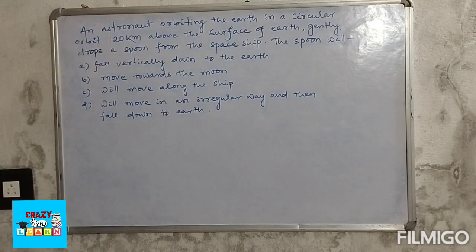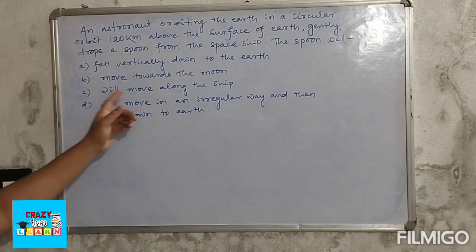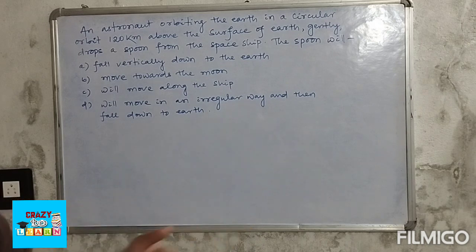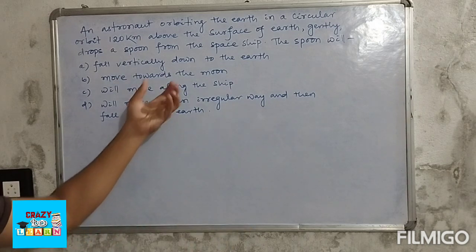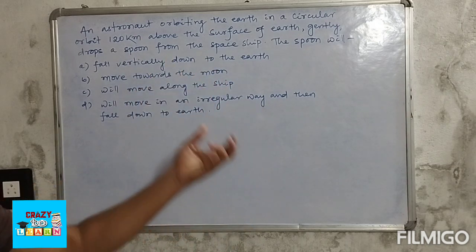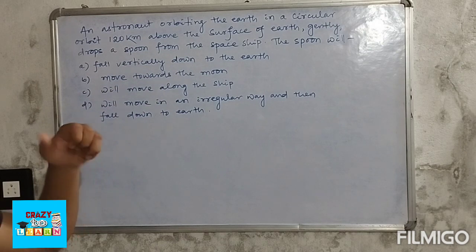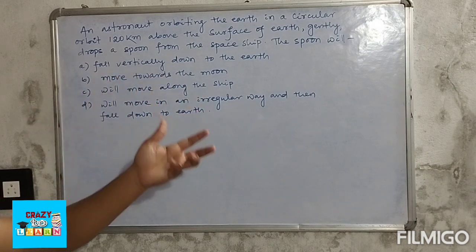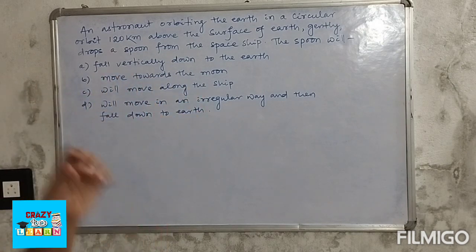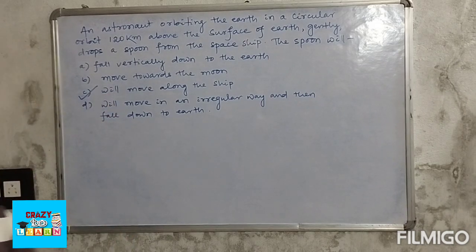So when it acquires the initial velocity of the spaceship, what will happen then? Now it will move along the ship. The velocity of that object is equal to the velocity of the spaceship, the initial velocity it will acquire. So the object or spoon will move along the ship. Okay, so option C is the correct answer.